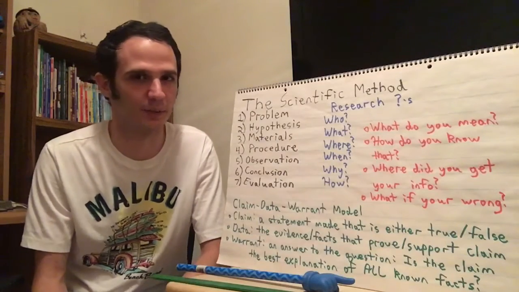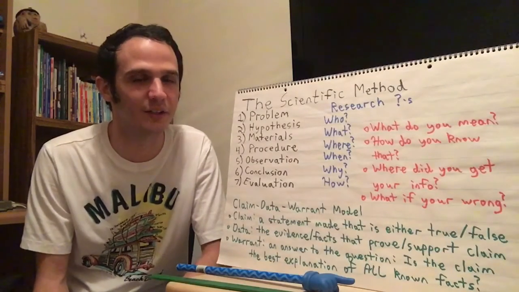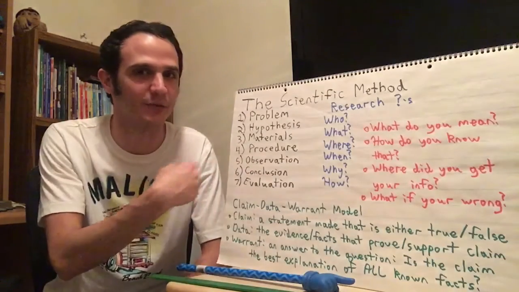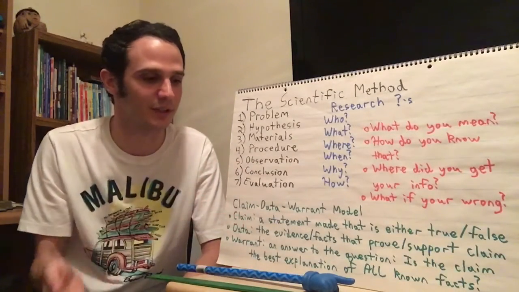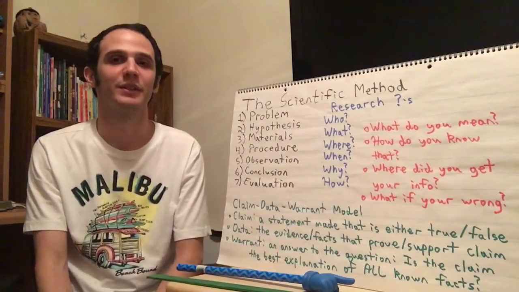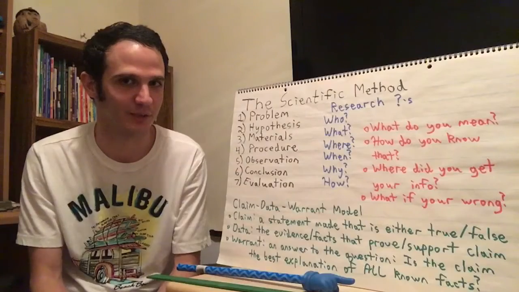Should I go to bed at 10 o'clock at night or at 11 o'clock? That could be an example of an evaluation, a change that I can make to the experiment.